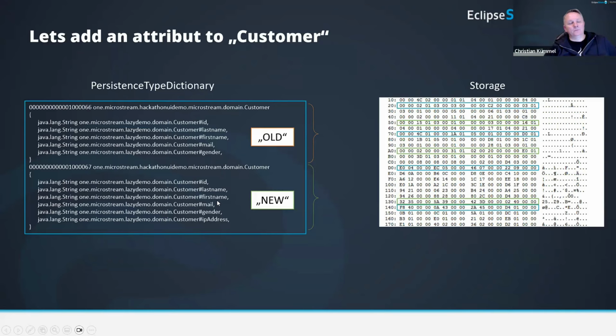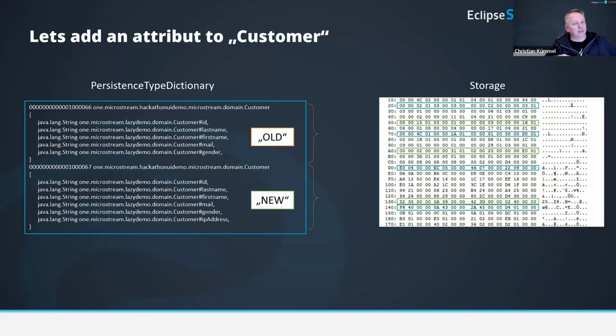And the Eclipse Store creates an additional type of customer. That means whenever you touch an old version of a customer, it will be automatically transferred to the new version of that customer. So you open a customer, change something, store it, and you will store the new version of that customer.